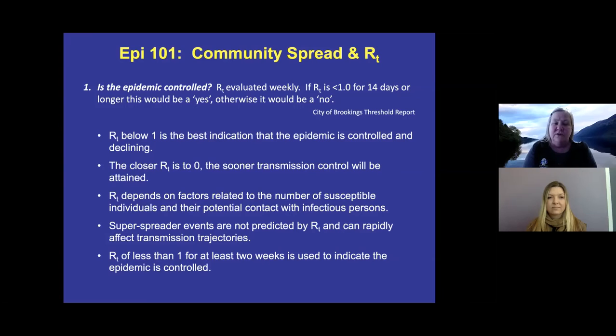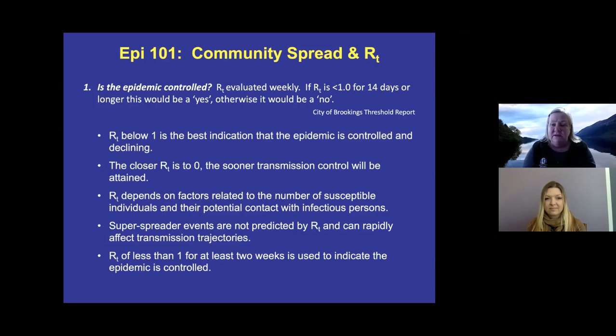If your RT is below 1, it's the best indication that the epidemic is controlled and that the number of cases is declining. The closer that RT is to 0, the sooner the control will be obtained. RT depends on a variety of factors, relating not just to the number of susceptible individuals, but also their potential contact with infectious people.